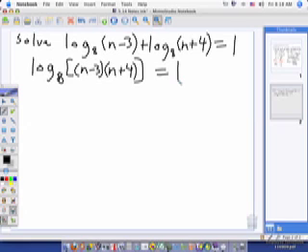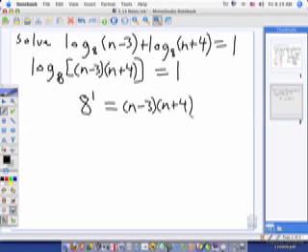Okay, so now our variable is the input of a logarithmic function. So let's rewrite it in exponential form. So our base is 8. 8 to the first, we're switching our inputs and outputs, equals n minus 3 times n plus 4.